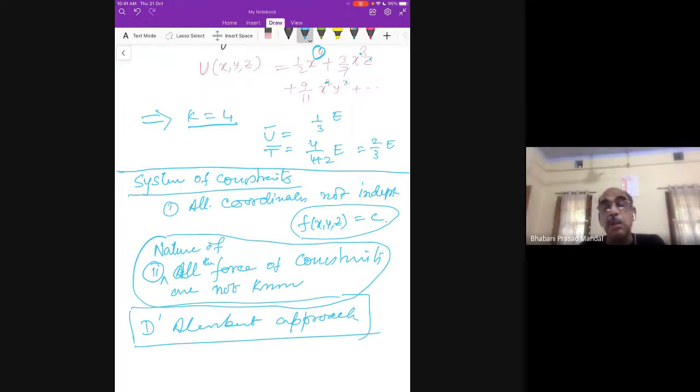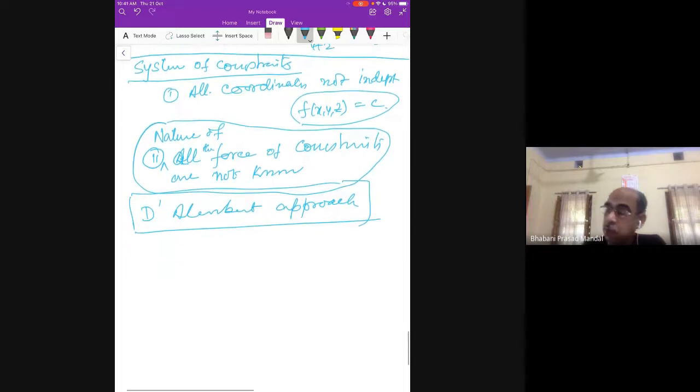D'Alembert's principle considers something called virtual displacement. This is a little bit of a tricky concept because of the word virtual, which means not real.